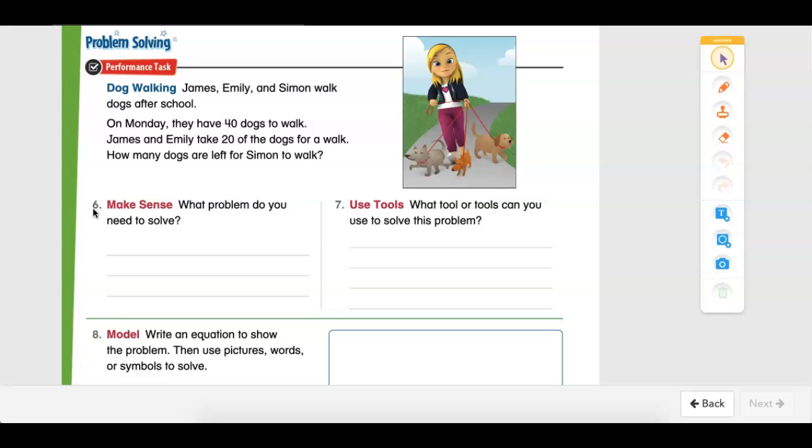Number 6 says, make sense. What problem do you need to solve? Let's look back at our information. It tells us that James, Emily, and Simon have 40 dogs to walk. It says that James and Emily take 20 of the dogs for a walk. We need to find out how many are left for Simon to walk.